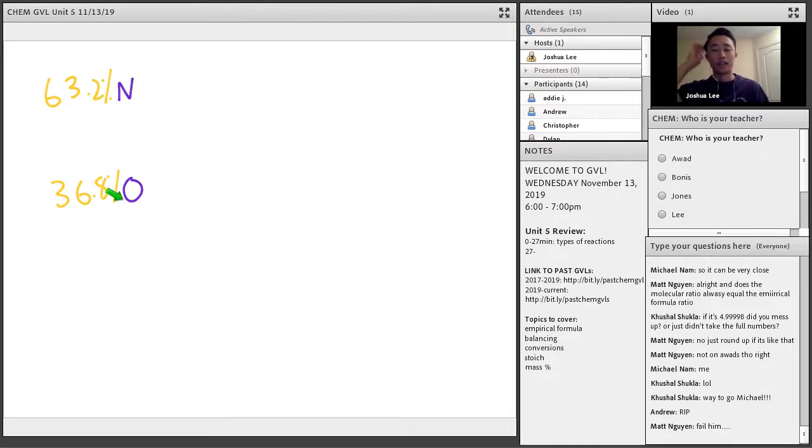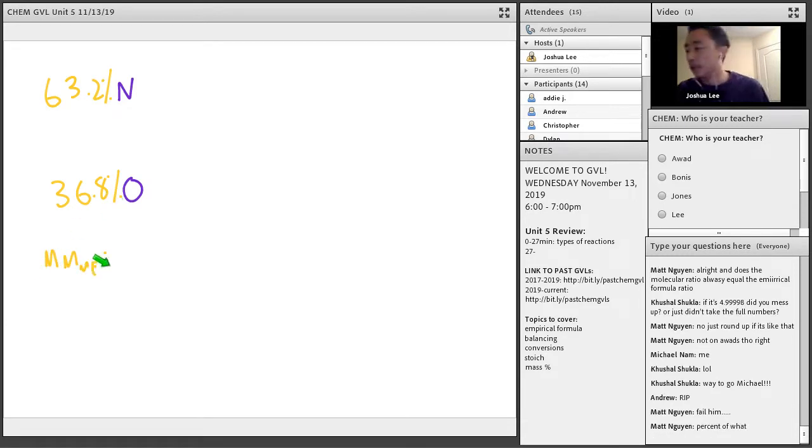Find the empirical formula given that the molar mass of the molecular formula is 684.20 grams per mole. 63.2% nitrogen, 36.8 oxygen.